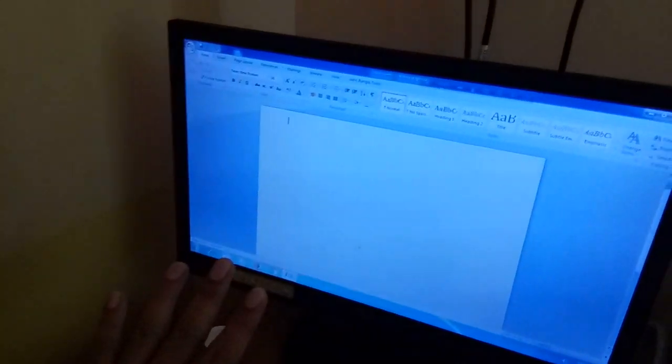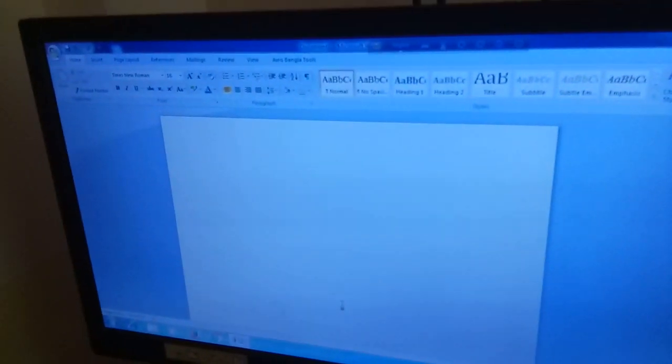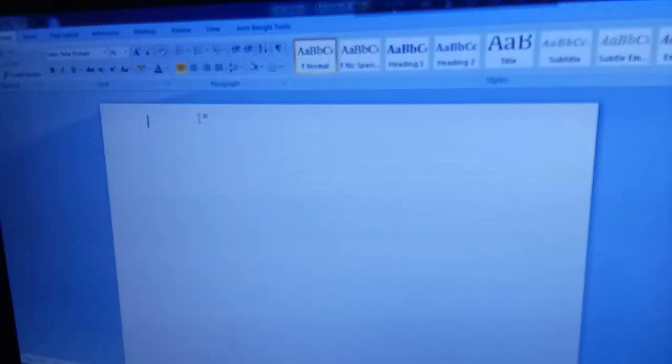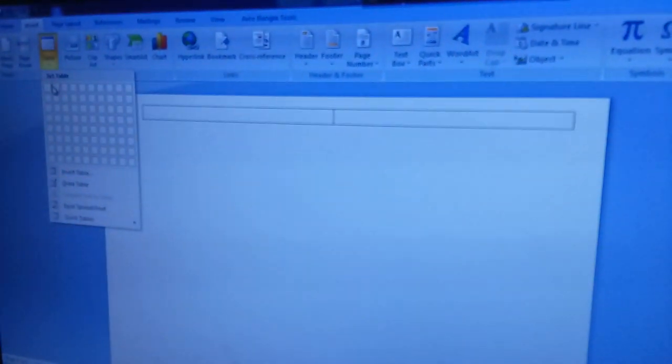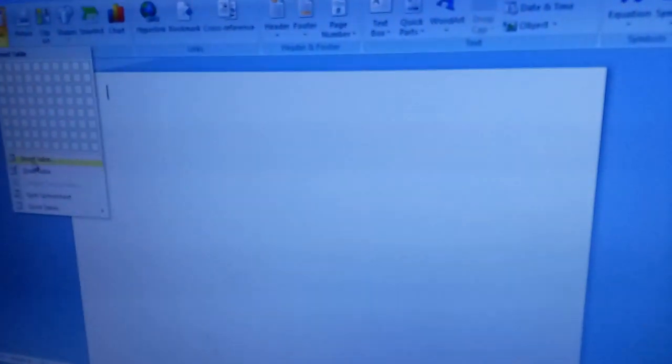Just look at the screen of the computer. I am telling you how to write a notice. At first, you have to draw a box. That is a table. Where is the table? Insert.